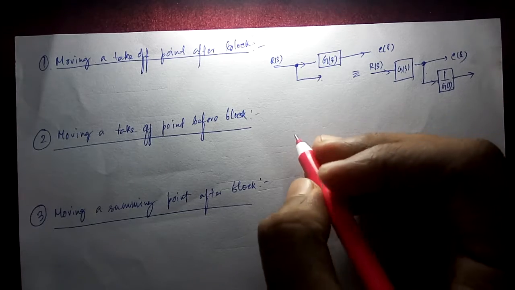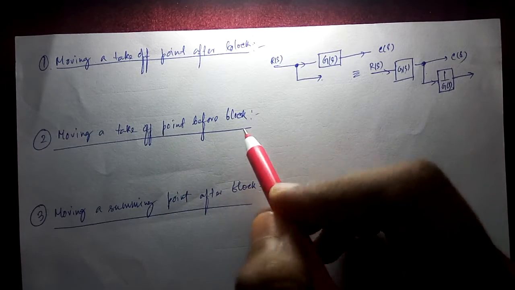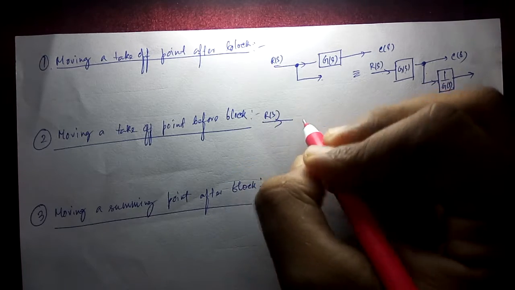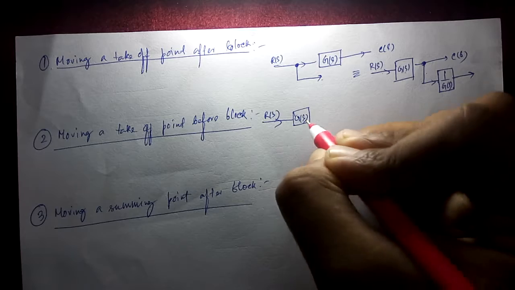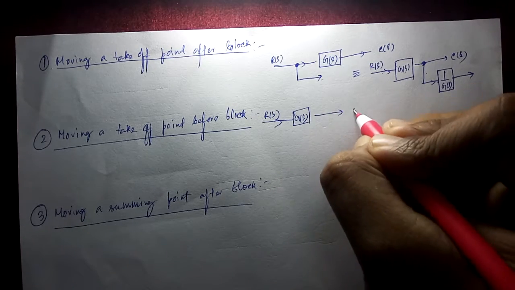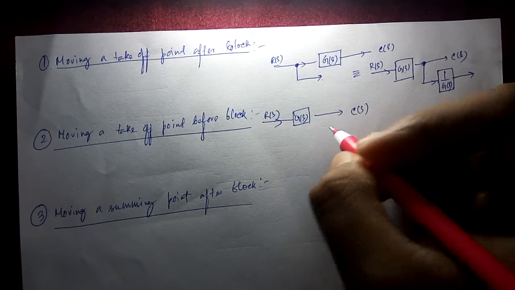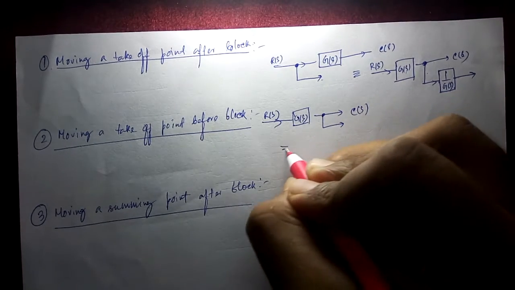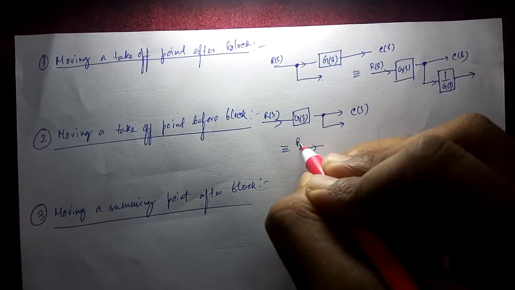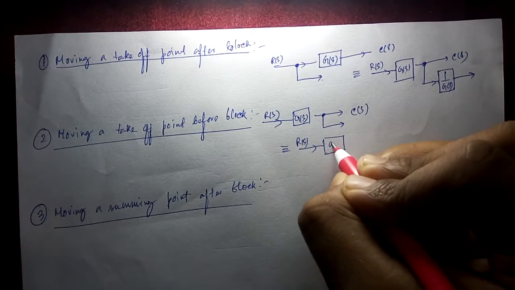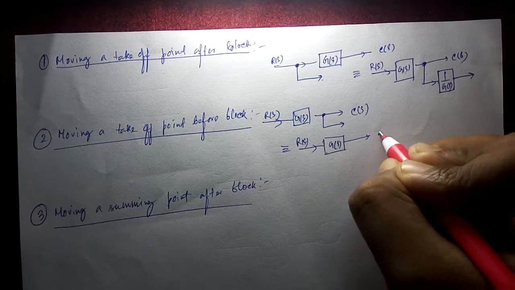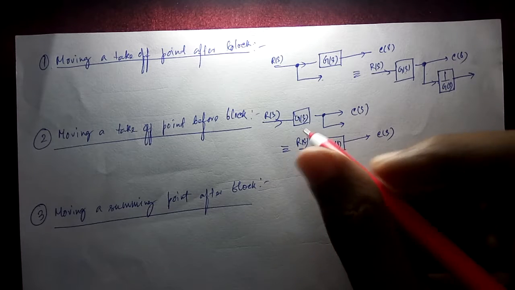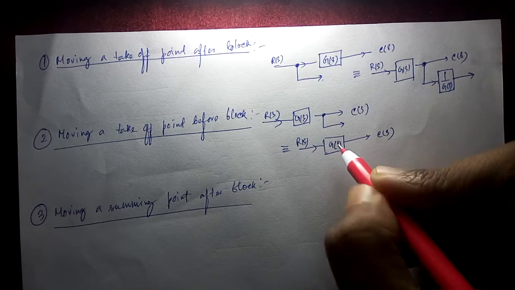Similarly, the second one is moving a takeoff point before the block. Same as before, you can understand it easily now. At first the takeoff point is here, but after that it moves forward. That means we have to multiply.